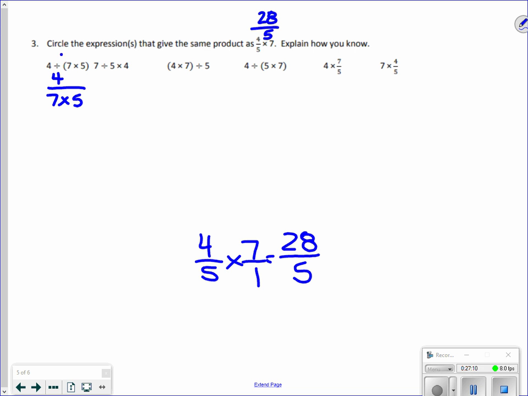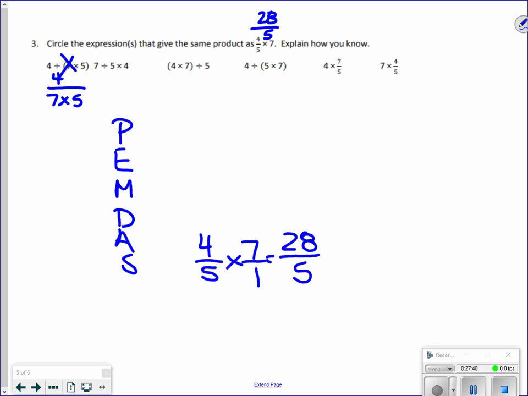No. 7 divided by 5 times 4. Remember, with PEMDAS, please excuse my dear Aunt Sally. Since there are no parentheses, if you write it like this, then you think multiplication goes first, right?